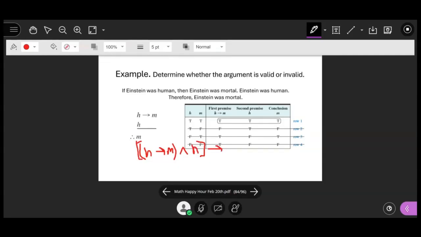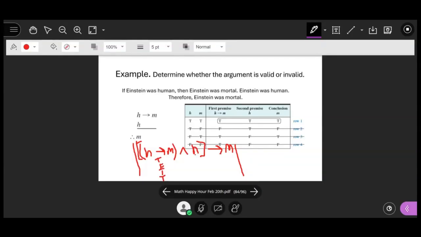Then the conclusion, M. If you make a truth table for all of this, the last column would determine if you have a tautology, which would make it a valid statement. So for example, H conditional M, we saw that that was true, false, true, and true.